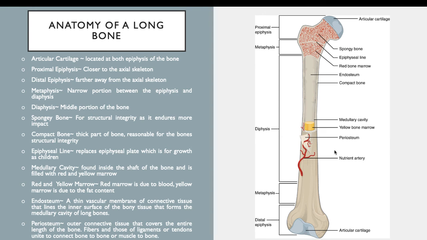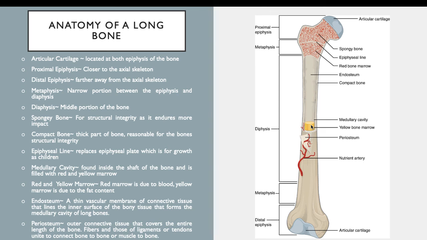And then we have the medullary cavity, which is found inside the shaft of the bone and is filled with the red and yellow bone marrow. The red marrow is blood and the yellow marrow represents fat content. So up here you can see some red marrow and down here you can see some yellow bone marrow.